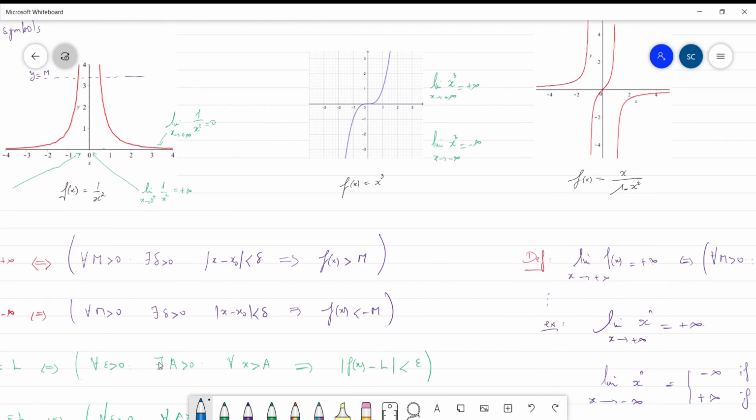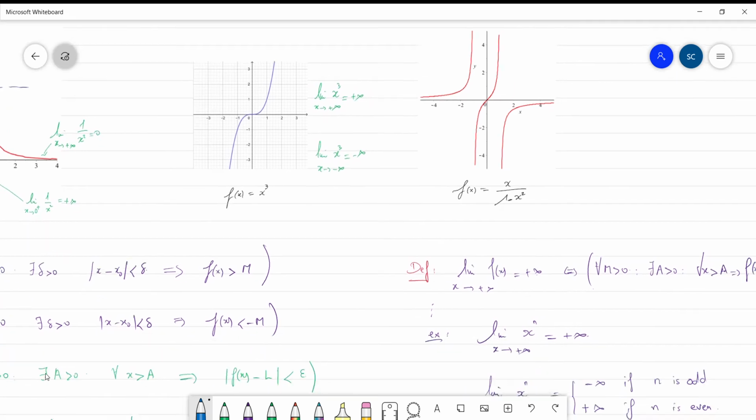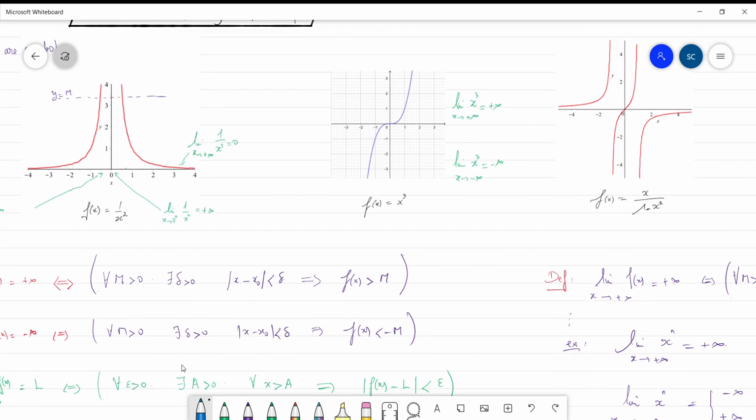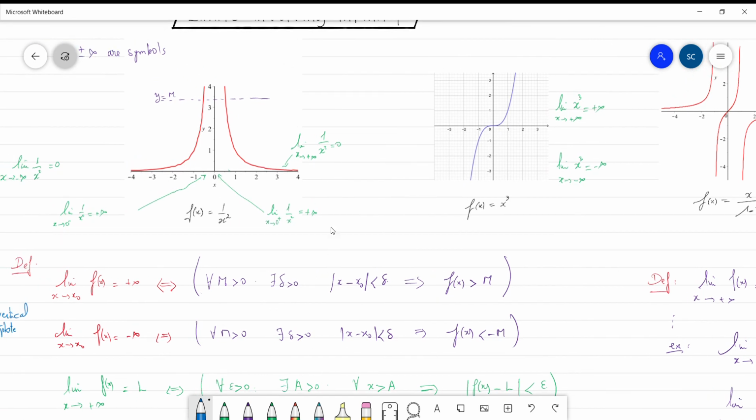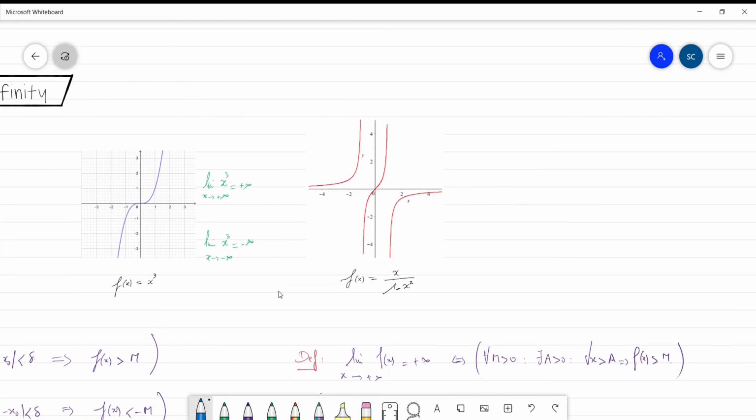Globally about the limits involving infinity. And the idea when you work on your function, on your formula, usually we bring ourselves to the limits 1 over x, 1 over x squared or x^n, where we know the behavior. If you look now at this, as an example of application, I can see that my function is not defined at 1 and minus 1, and at these values I have infinite behaviors.